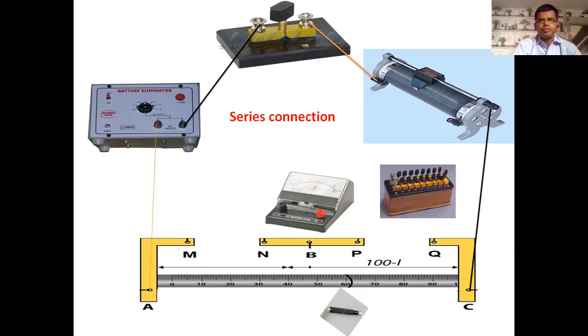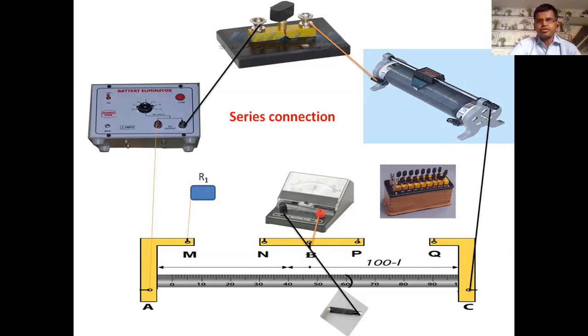Now from the B point, we connect the galvanometer plus, and from the galvanometer minus to the jockey key. Now we use two different values, R1 and R2.